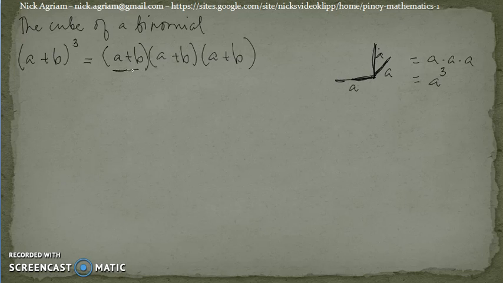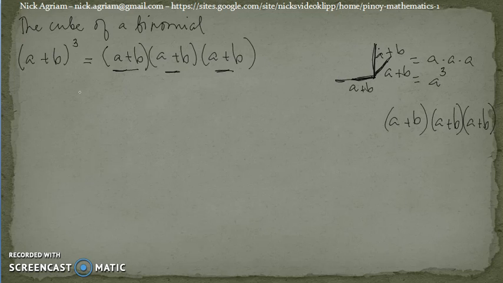This is the first side, the second side, and the third side of a cube. If this is a plus b, then this should be a plus b, then this should be a plus b. Then I have a plus b multiplied by a plus b, and another a plus b.